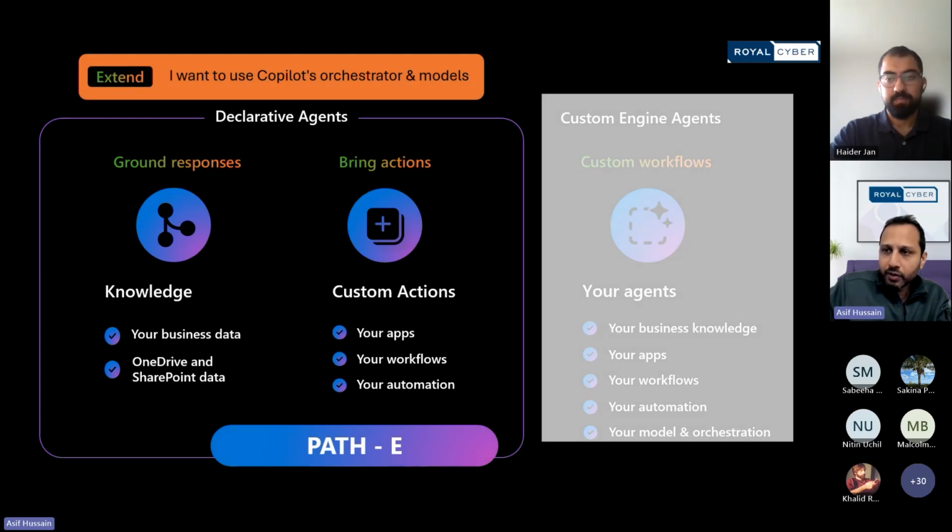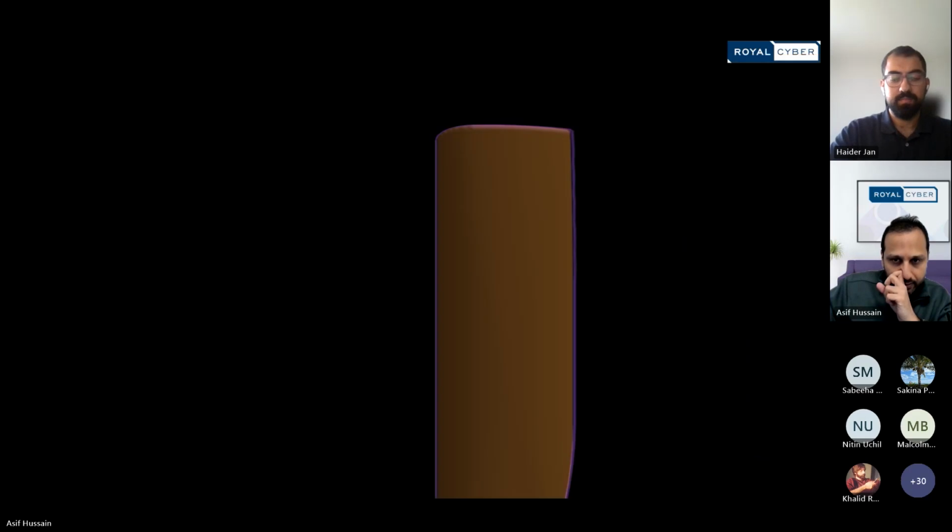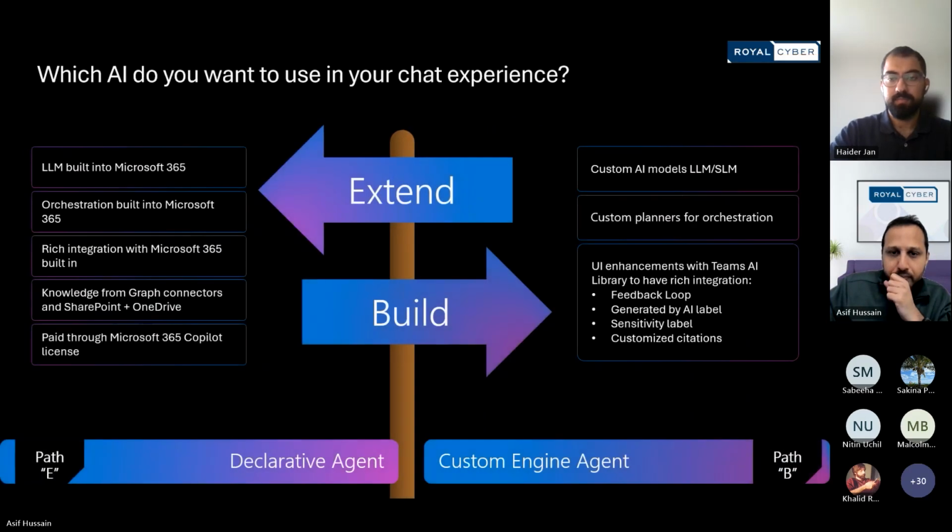So in the flow that I'm going to show, this is something that will be covered by path E, and this is something that is covered by path B. We'll see what path E and B are. All right.